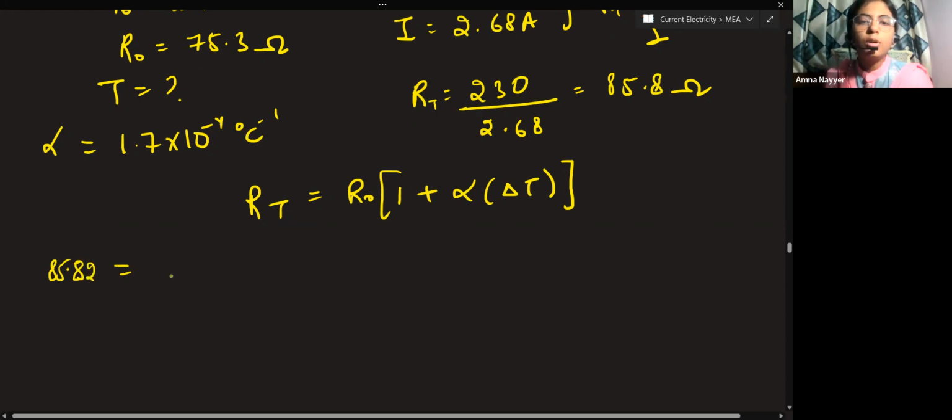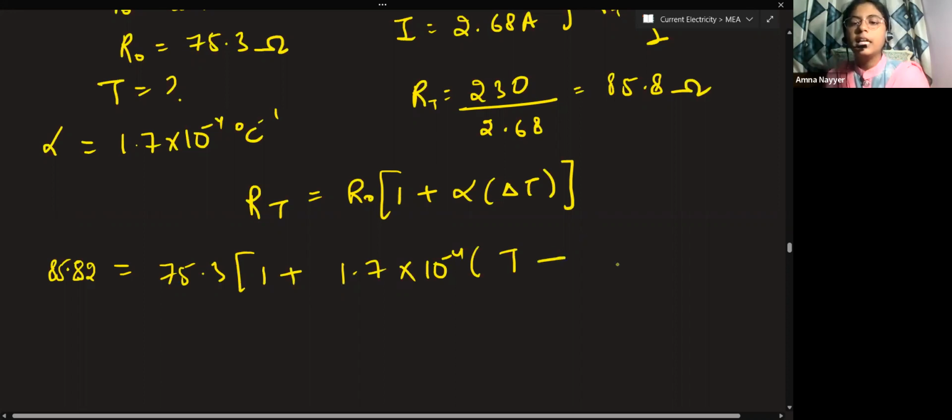R naught is 75.3. Alpha is 1.7 into 10 to the power minus 4. Delta T means T minus initial temperature. Initial temperature is 27 degrees Celsius. So this is a single equation which you have to solve.